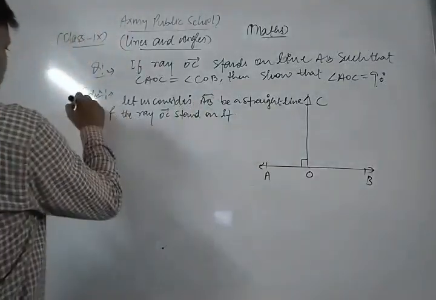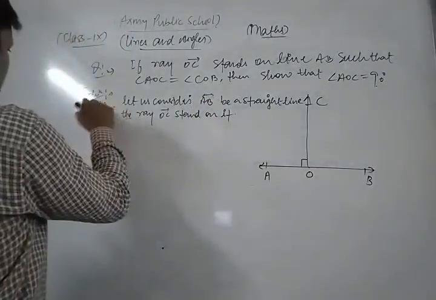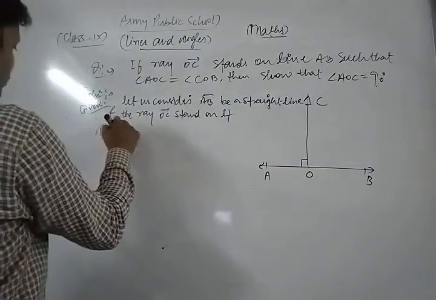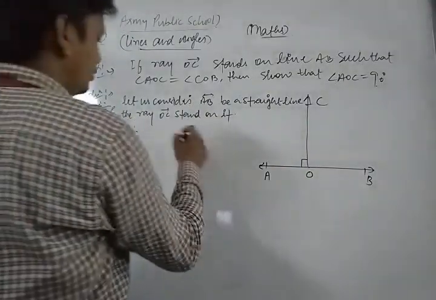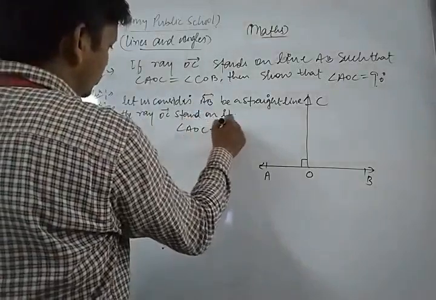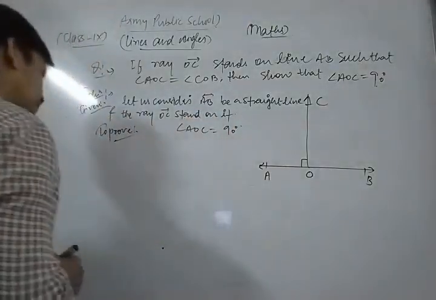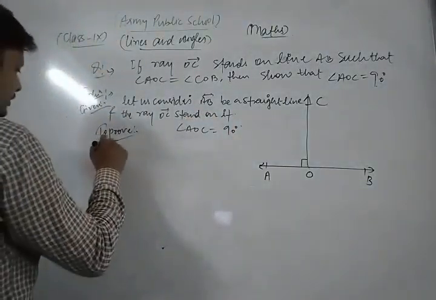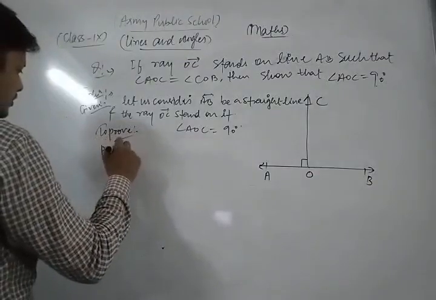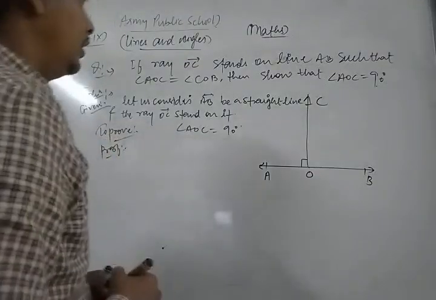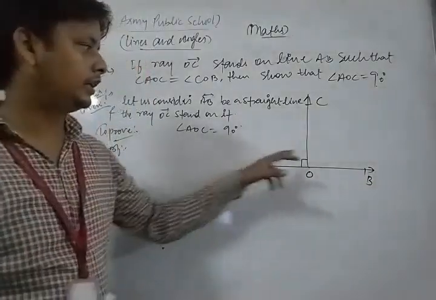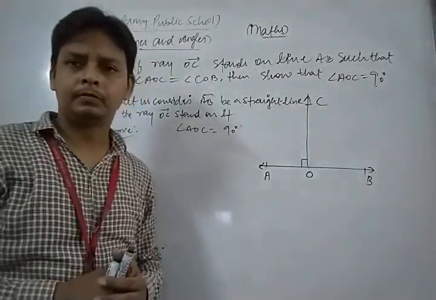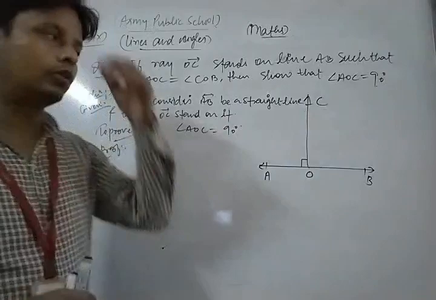This is given in our question, and we have to prove that angle AOC is equal to 90 degrees. Now let's see its proof. We have to show that angle AOC is 90 degrees.